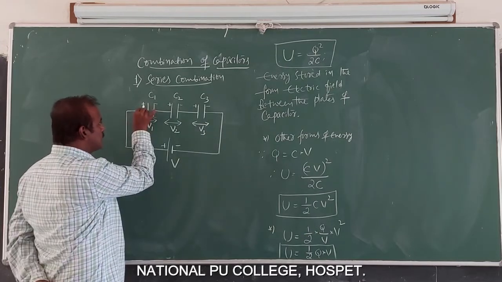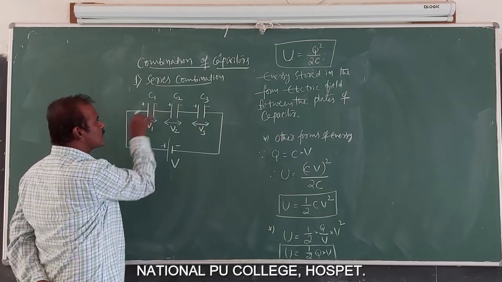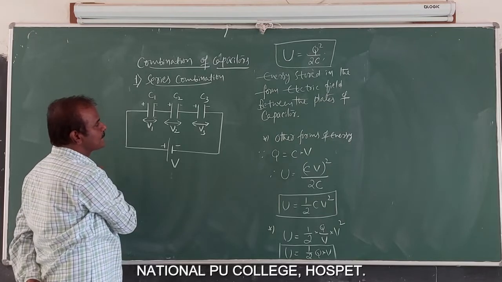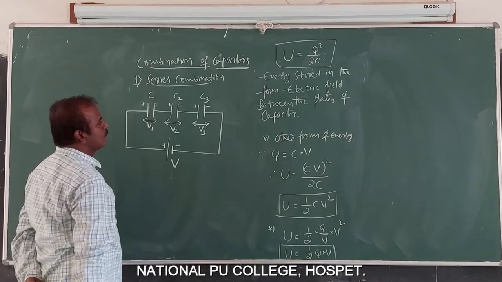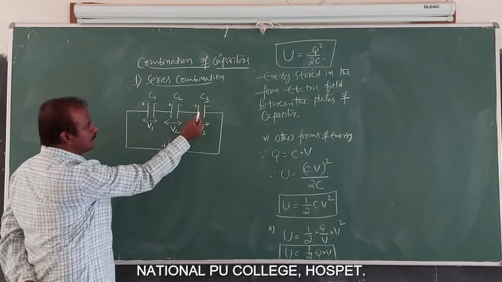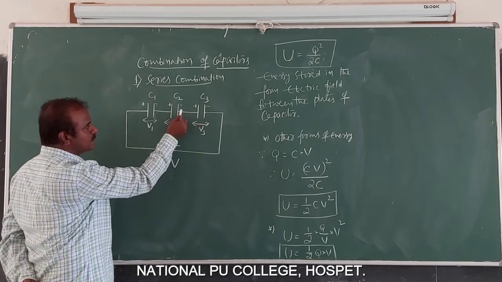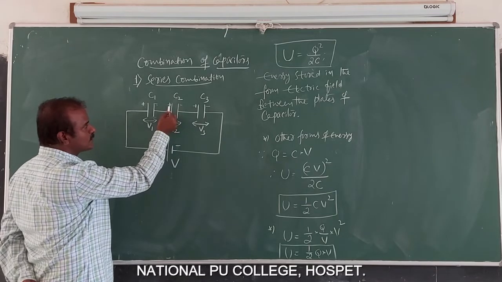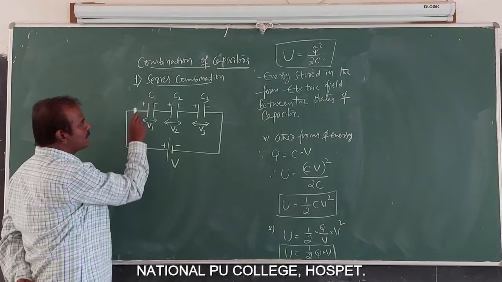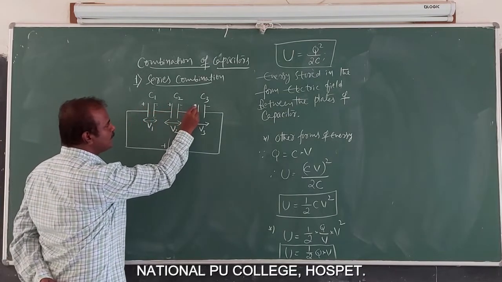This will lose electrons and become positively charged, and by induction this will acquire negative charge. Here also electrons flow from this plate and will be deposited, and by induction this will become positively charged. So alternately, positive plate, negative plate, positive plate, negative plate, positive plate and negative plate.